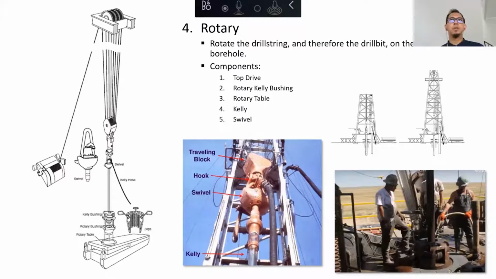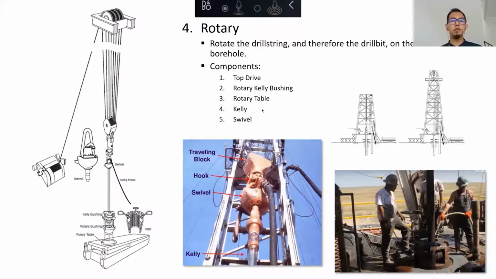So the hoisting system provides the vertical force up and down, but the rotating system will create the rotation to the drill string that we lift by the hoisting system.